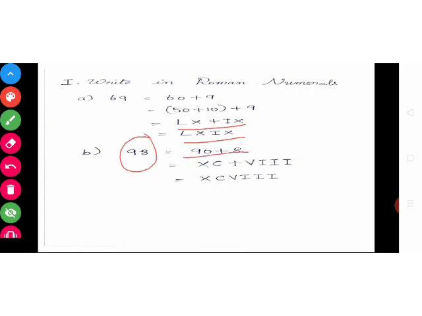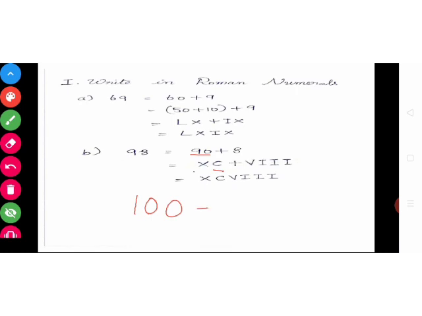98. Split and write 90 plus 8. So this 90, how to write? Using the rule. How to apply? So this symbol represents 100. So what do you want to do? It's a smaller value, where you want to write? Write it on the left.